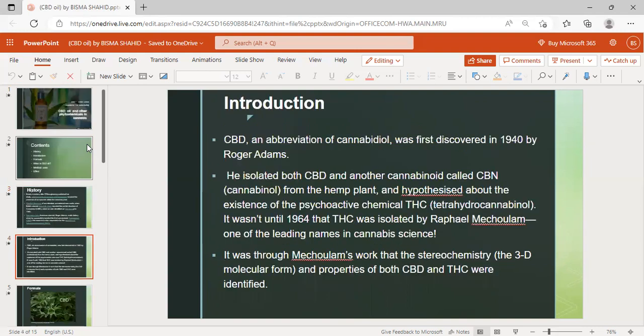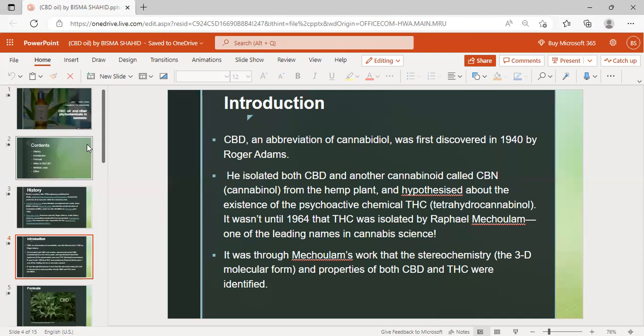Introduction: CBD, an abbreviation of cannabidiol, was first discovered in 1940 by Roger Adams. He isolated both CBD and another cannabinoid called CBN, cannabinol, from the hemp plant and hypothesized about the existence of the psychoactive chemical tetrahydrocannabinol.